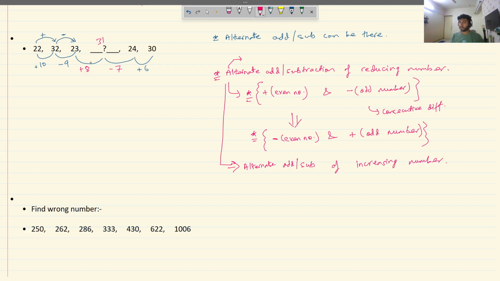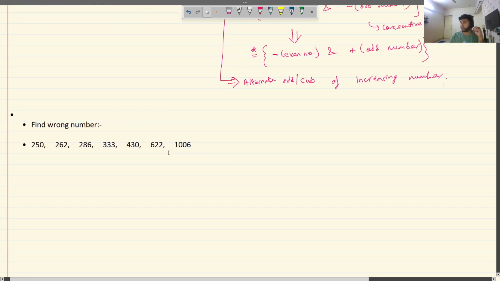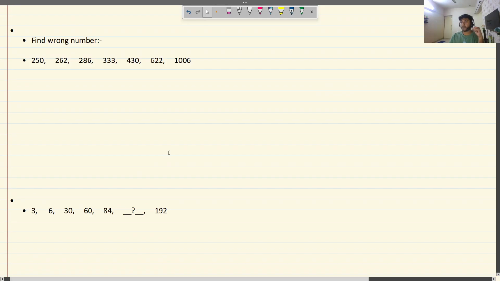So the consecutive difference, instead of reducing from 10, 9, 8, 7, 6, it could have increased 10, 11, 12, 13, 14 with alternate addition, subtraction. That is also a logic. This was an important one. Hopefully this was understandable. Let's go to the next question.